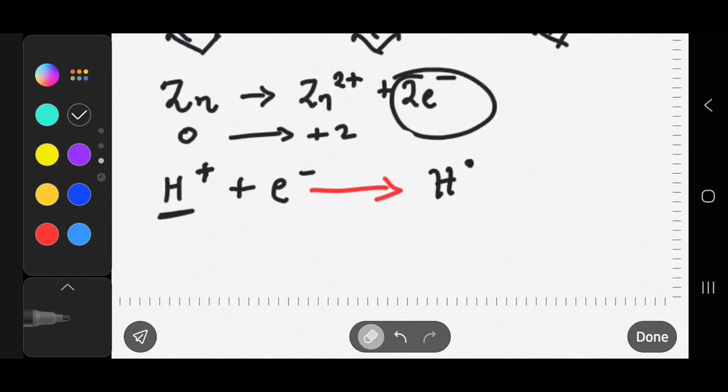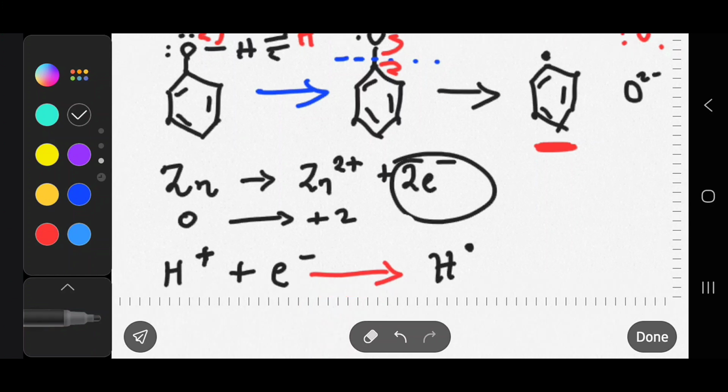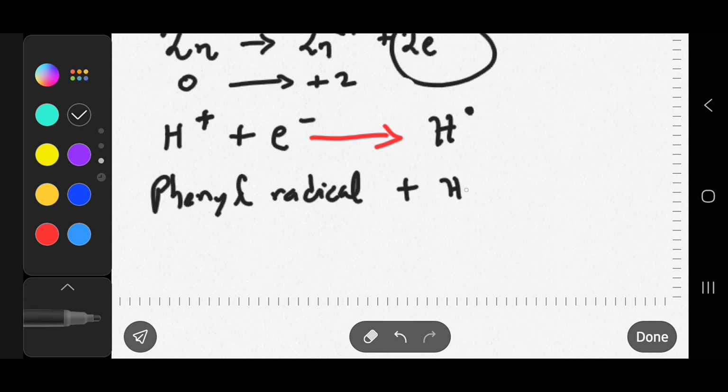Now that we've generated a hydrogen radical, still remember we have a phenyl radical here, this phenyl radical. So the reaction will now take place between the phenyl radical and the hydrogen radical.